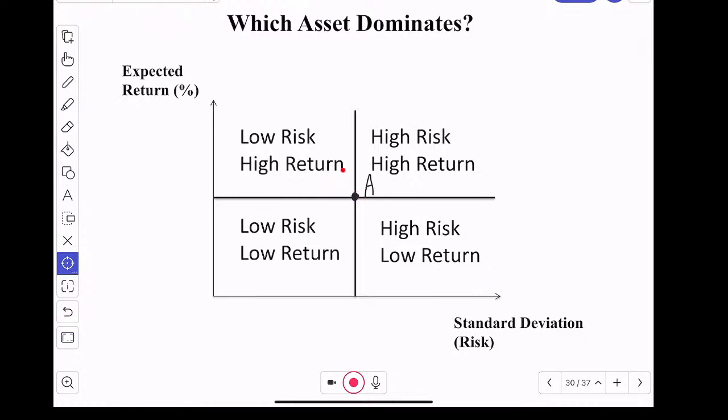But any of those up here are dominating A because they have both lower risk and higher return. So these dominate A, whereas A dominates all those below.